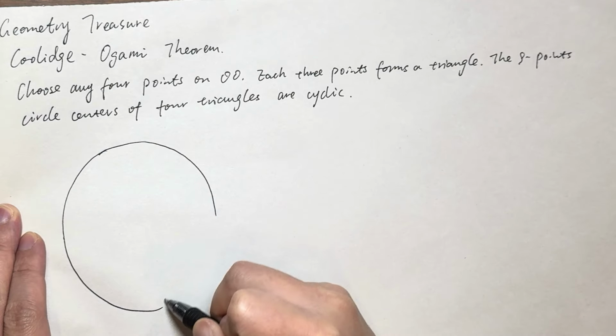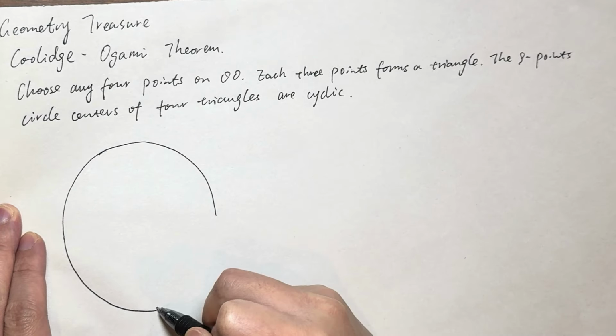So the problem is saying that we can find any 4 points on this circle O, and each 3 of the 4 points forms a triangle.